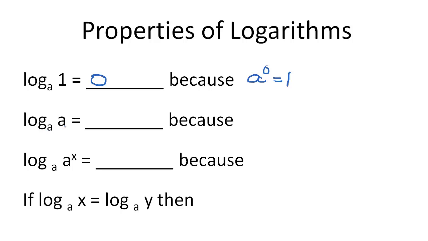Log base a of a is defined as 1 because a to the first equals a, to the understood 1. And log base a of a to the x is going to be equal to x because a to the x equals itself.